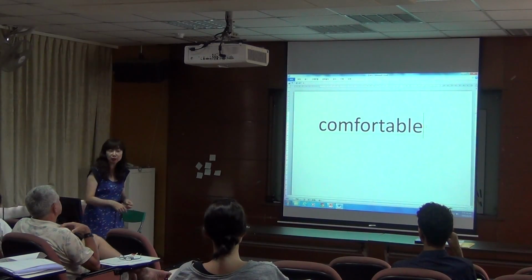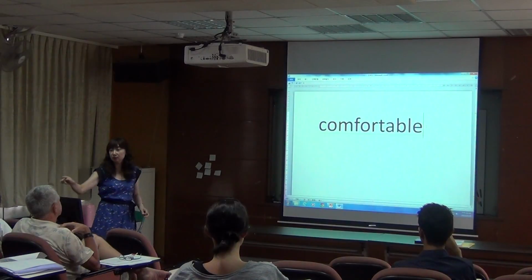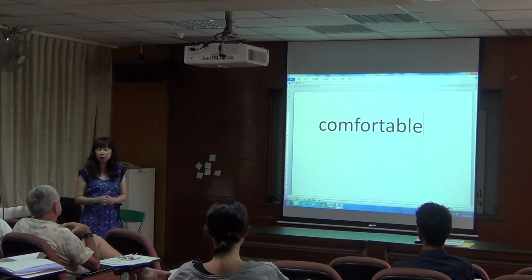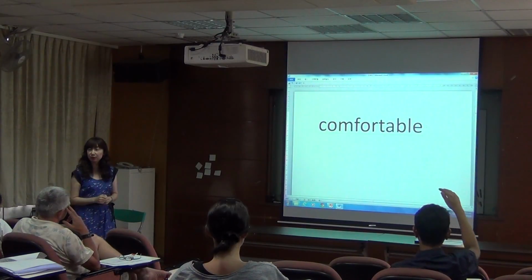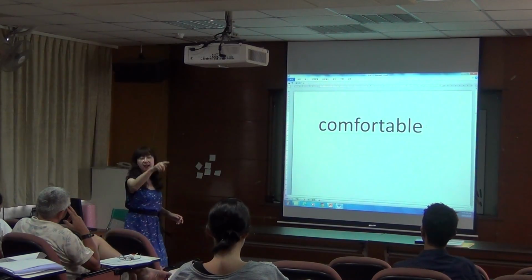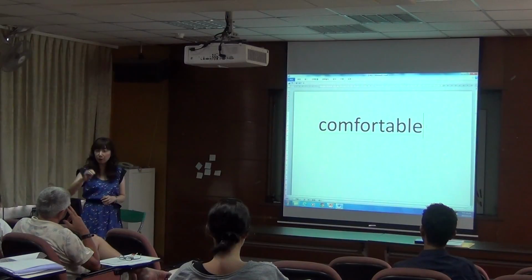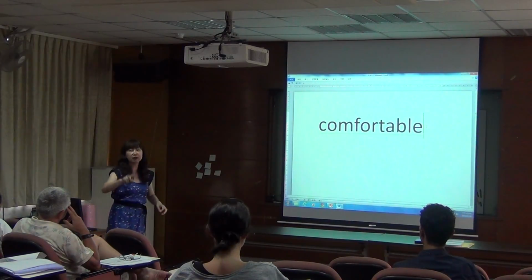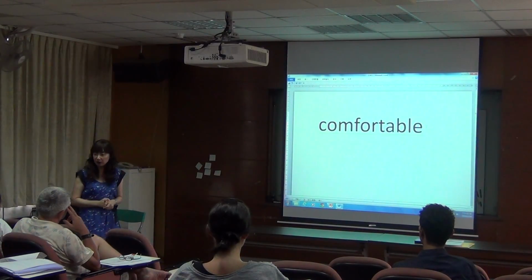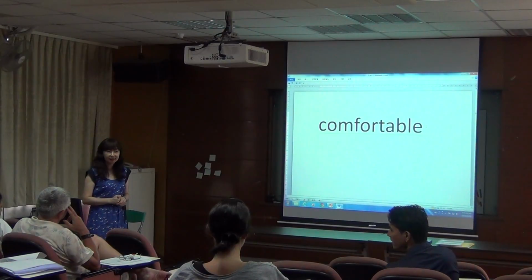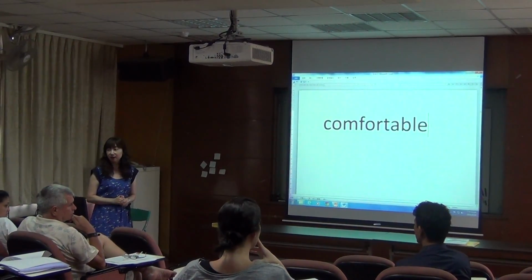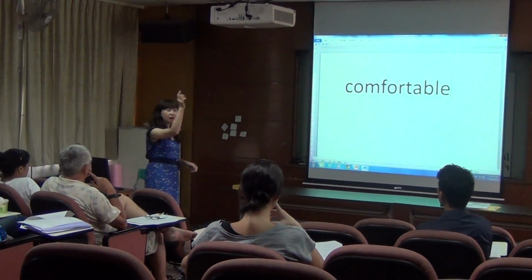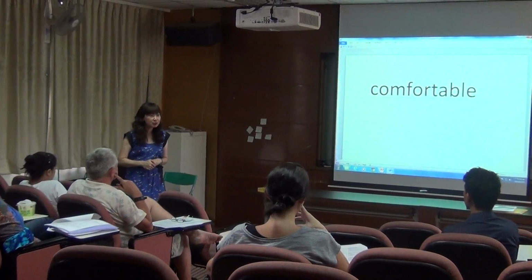So if it's on 1, I go comfortable. If it's on 2, you say comfortable. If it's on 3, comfortable. If it's on 4, we say comfortable. So which one? How do you guys say it? Comfortable. So it's on 1. Comfortable, right?